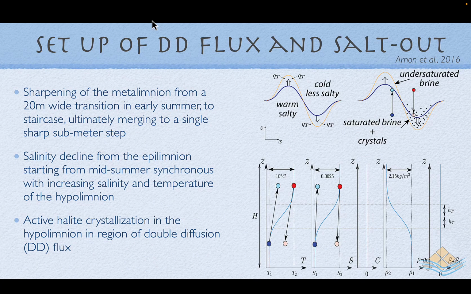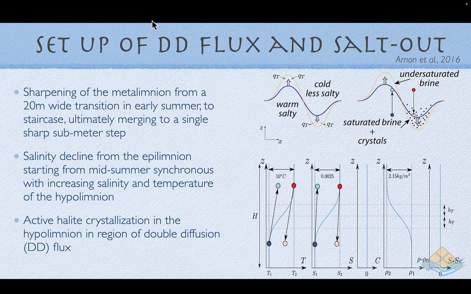We see a sharpening of the metalimnion from what is a 20-meter wide transition in the early summer into a staircase, ultimately in the mid to late summer merging to a single sharp sub-meter step, starting in the midsummer, which is synchronous with increasing salinities and temperatures. We get in this region of double diffusion active halite crystallization, whether we plot it in terms of height and temperature, as in the left-hand lower diagram, or in terms of salinity, or in terms of density.